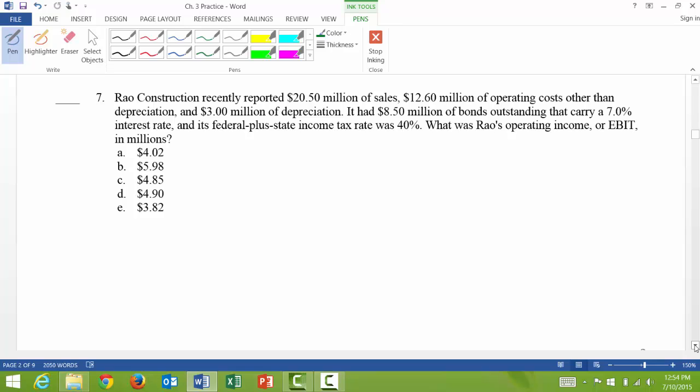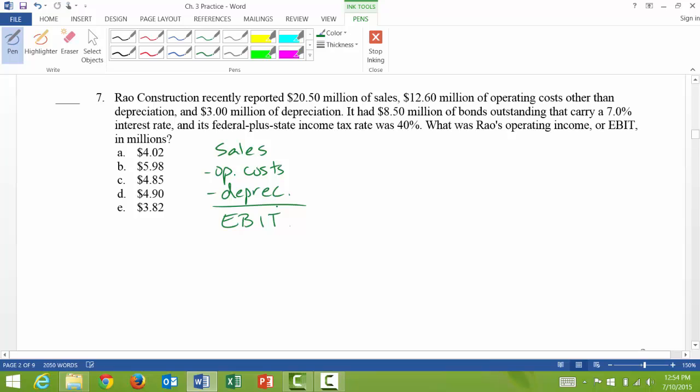So always the way to get this is to take sales minus operating costs minus depreciation, and that gives you EBIT, or earnings before interest and taxes.